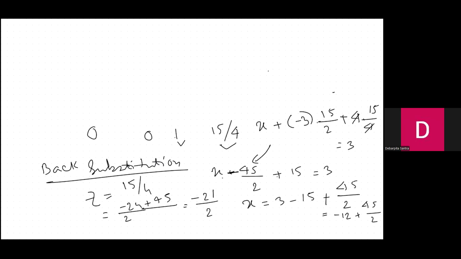X is equal to minus 21 by 2. Y is equal to 15 by 2. Z is equal to 15 by 4. So that is our answer of the system of linear equations. Okay. So that is the method for finding out the values of the unknown variables using the Gauss elimination method. Thank you so much.